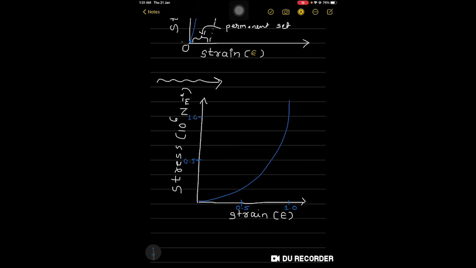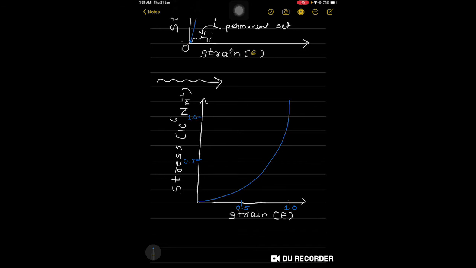This graph is of stress versus strain curve for elastic tissues of aorta, the large tube or vessel carrying blood from the heart. So if any material shows this type of nature between stress and strain, then how to understand them? For that, we can explain that, as stated earlier, the stress strain behavior varies from material to material.